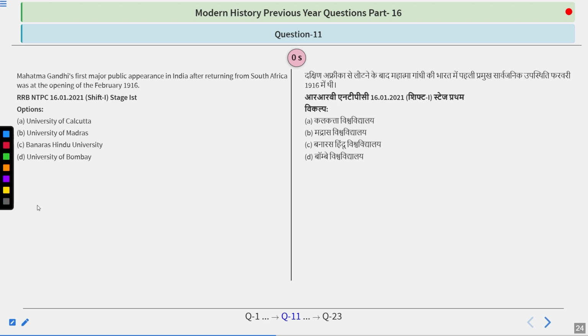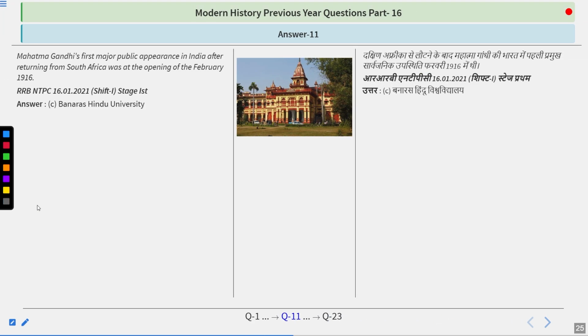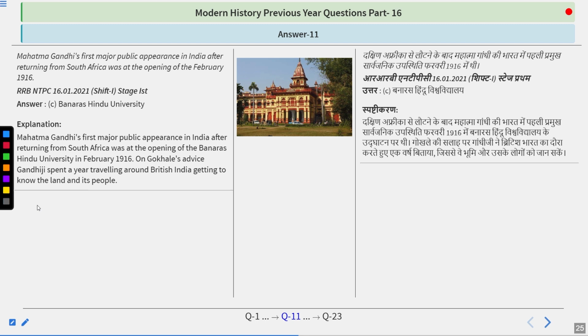So the answer is Banaras Hindu University. It was established in 1916, and Mahatma Gandhi's first major public appearance in India after returning from South Africa was at the opening of Banaras Hindu University in February 1916.